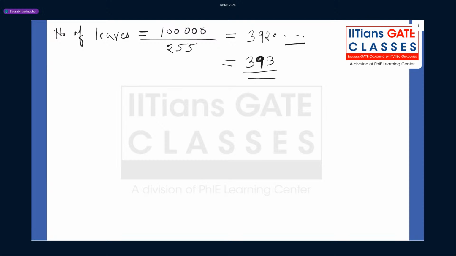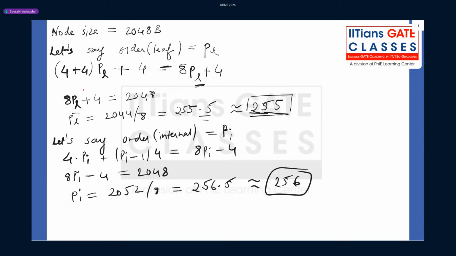Okay. So now since we have 393 leaves, our internal nodes should point to all of these 393 leaves, right? So we have 393 leaves and one internal node can have a maximum of 256, right?